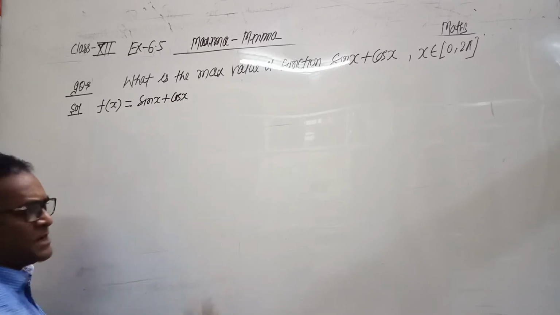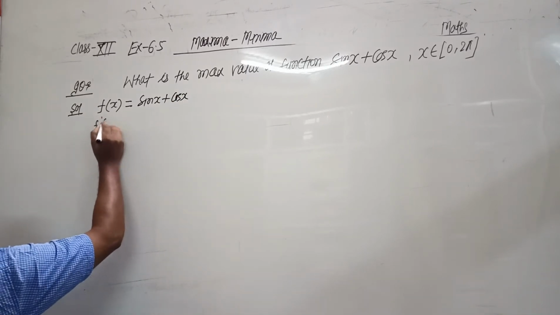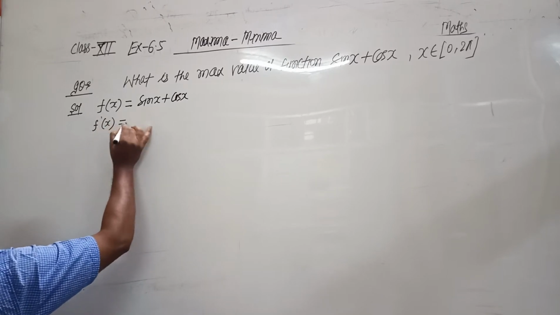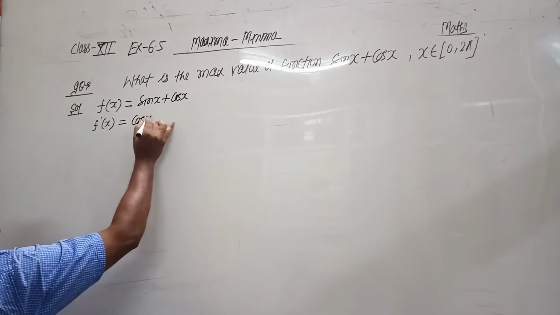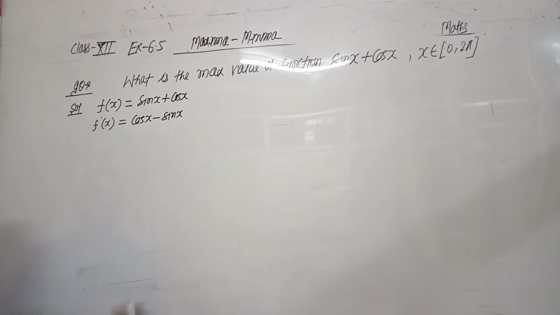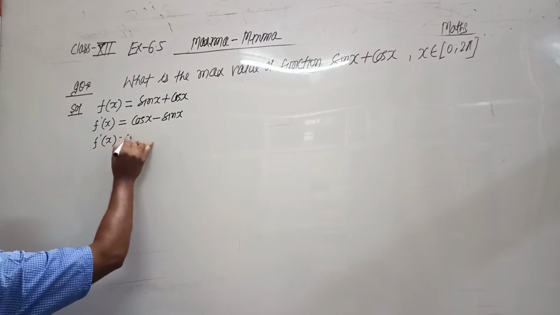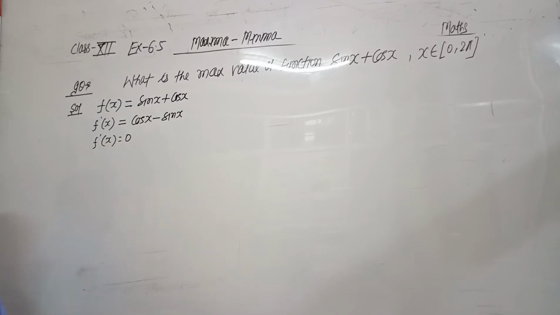In the first step, we have to differentiate. So find f dash x. Cos x minus sin x. Then make f dash x equals 0.